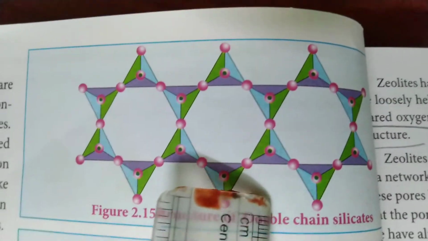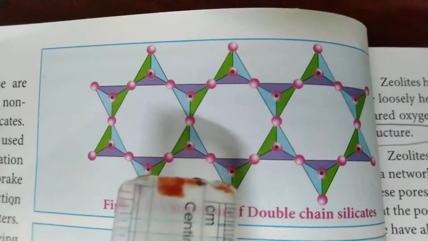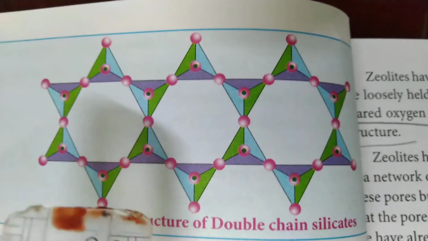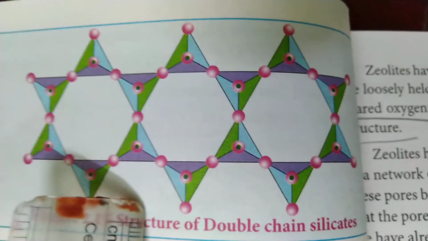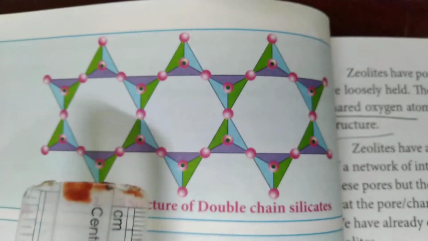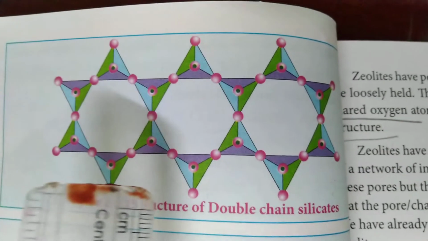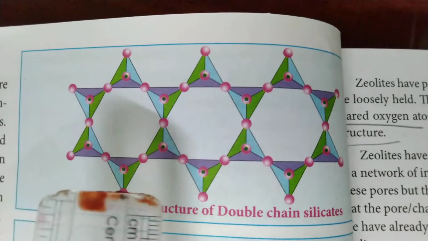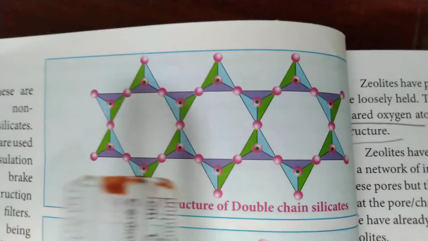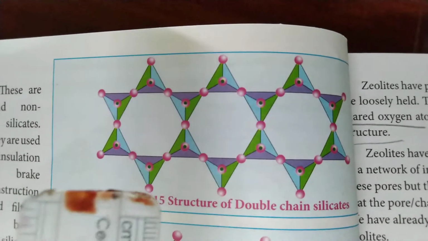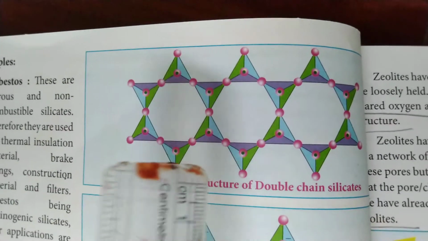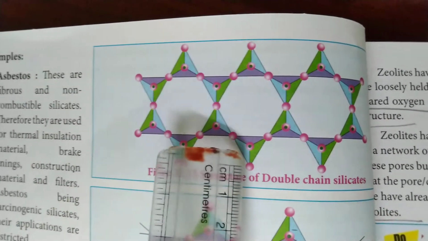Asbestos are non-combustible silicates, used as thermal insulation material, brake linings, construction material and filters. Since asbestos silicates are carcinogenic, their applications are restricted.